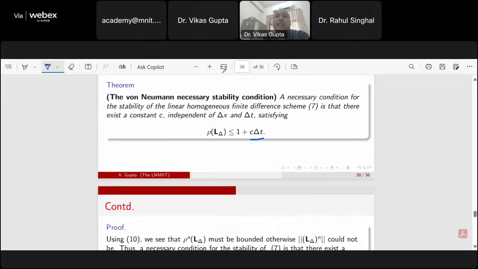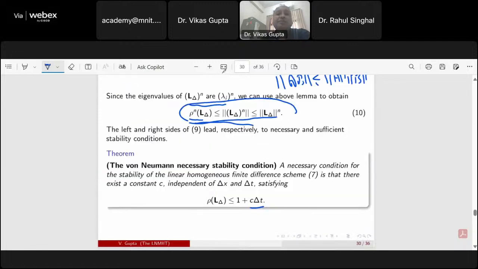Note that, look at this equation number 10, that equation number 10 is important. Here our ultimate aim is to get the bound of this term. Note that if the spectral radius of L delta is not bounded, then definitely this term will not be bounded.